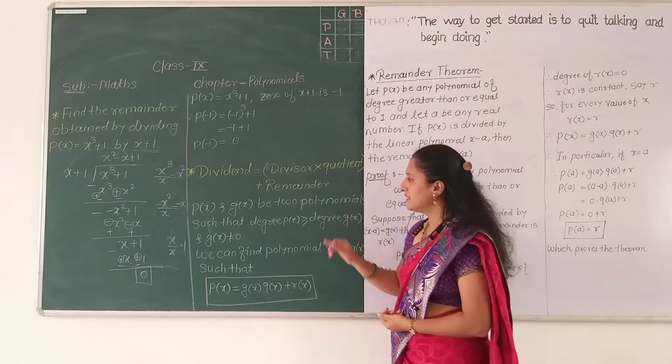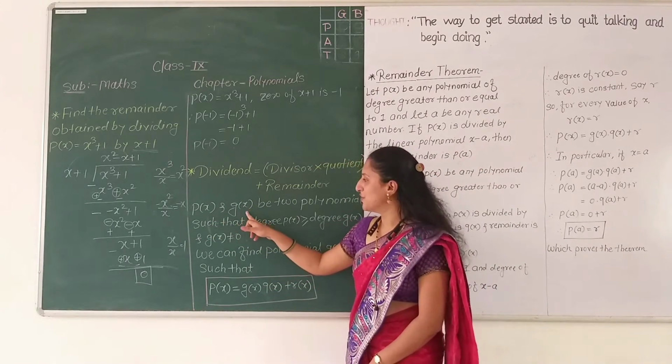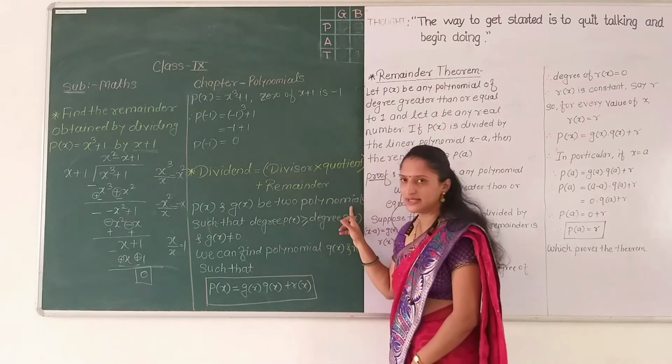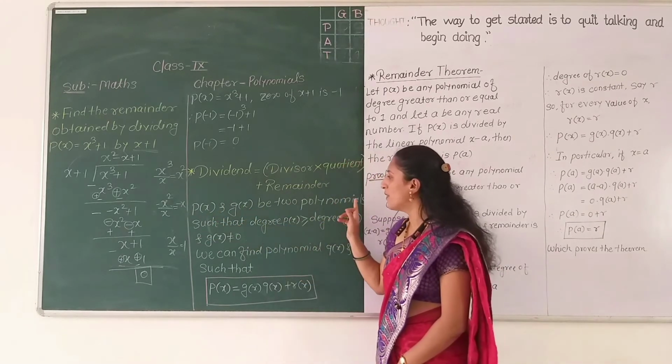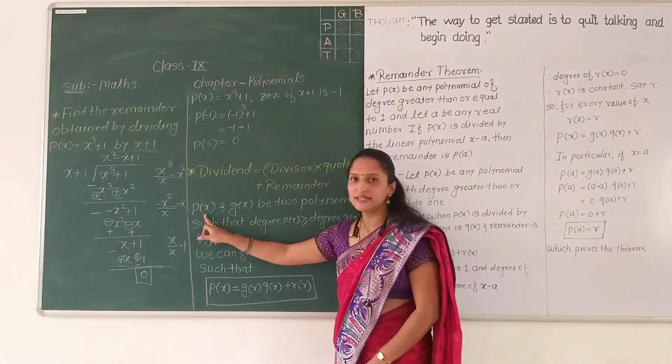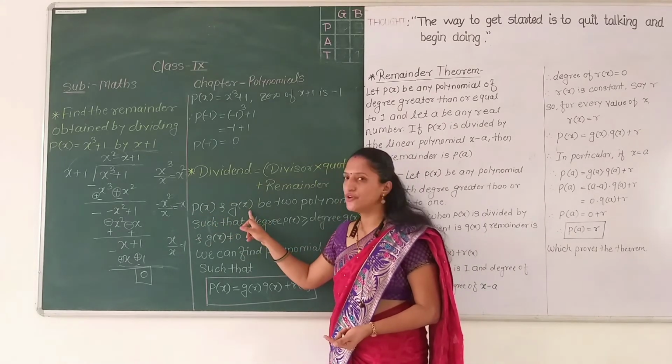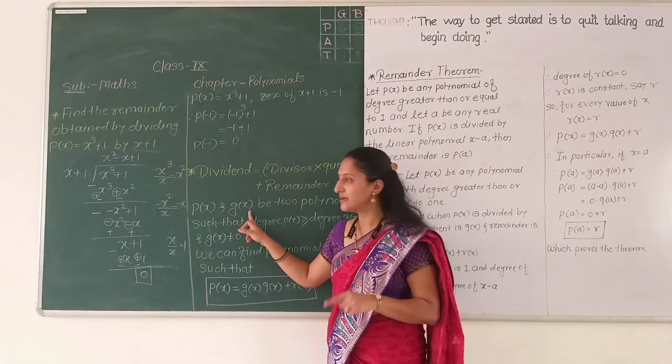Now look here, p of x and g of x be two polynomials. Here p of x is the dividend and g of x is the divisor. Keep it in mind.